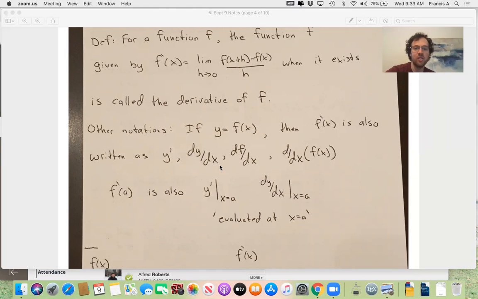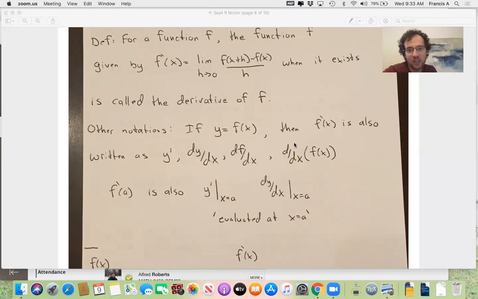The d here is supposed to indicate there's some sort of limiting process going from delta y over delta x, these slopes, to dy over dx, the slope of the tangent line or instantaneous velocity.